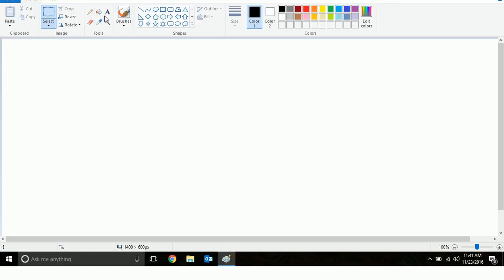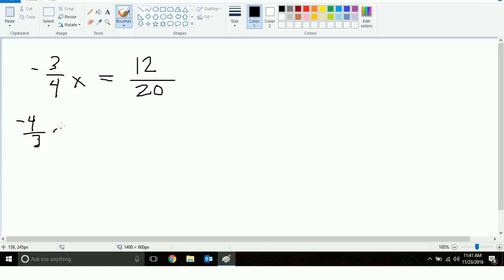Make sure we have the right brush here. This is going to be negative 3/4 times x gives us 12 over 20. Okay, so we need to get the x by itself. We're multiplying it times negative 3 over 4. What's the reciprocal of negative 3 over 4? It's going to be negative 4 over 3 times negative 3 over 4.